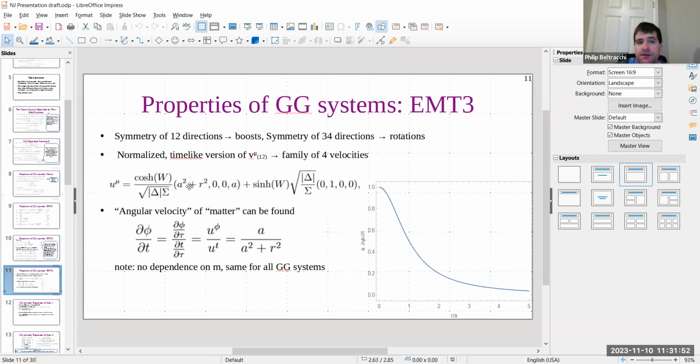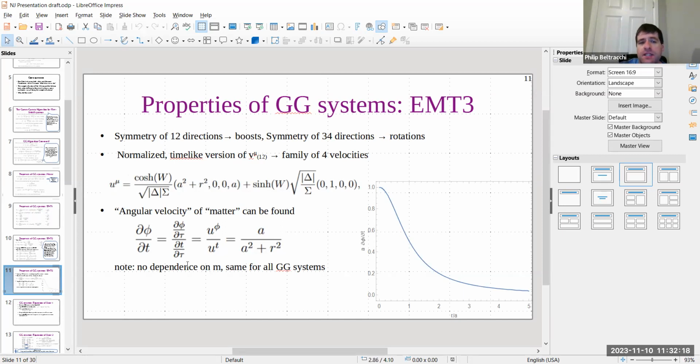Because the phi and t components of the 4-velocity have the same coefficient, the arbitrary boost parameter will cancel out, and we'll be left with this particular expression for the angular velocity as defined in this way.